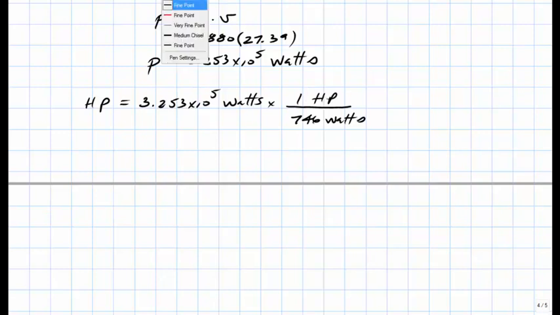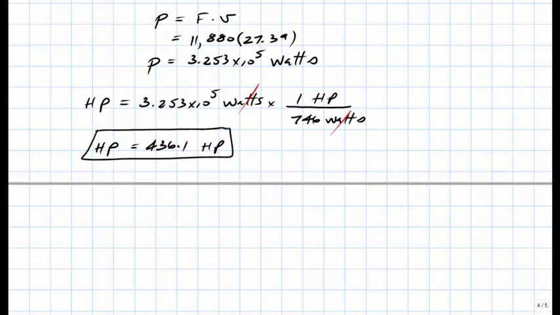Of course, the watts cancel and horsepower remains. And so the instantaneous horsepower equals 436.1 horsepower.